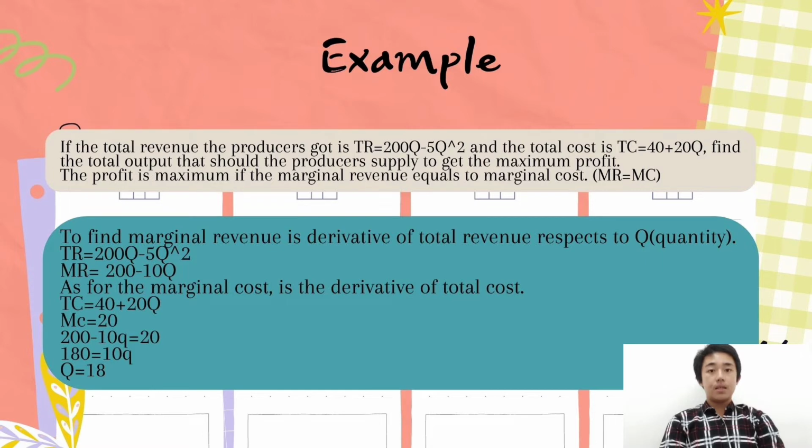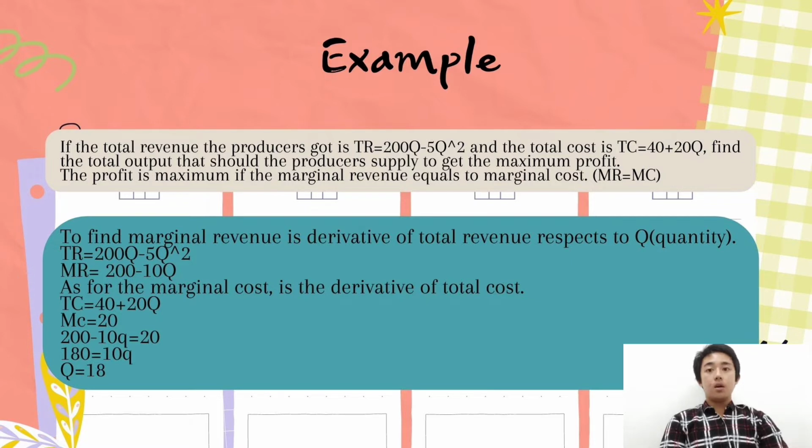The profit is maximum if the marginal revenue equals the marginal cost, MR equals MC. To find the marginal revenue, we take the derivative of total revenue with respect to Q, or quantity.